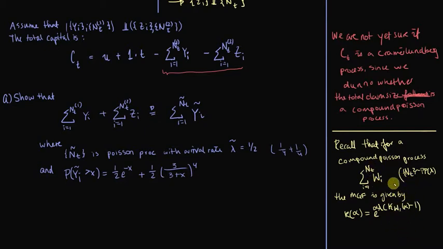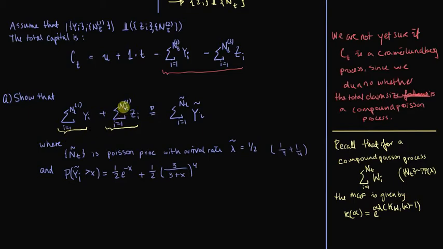So we have this result, and therefore, since we know that this is compound Poisson and this is compound Poisson, we can find the moment generating function of each of these using this formula. So let's just write it up.